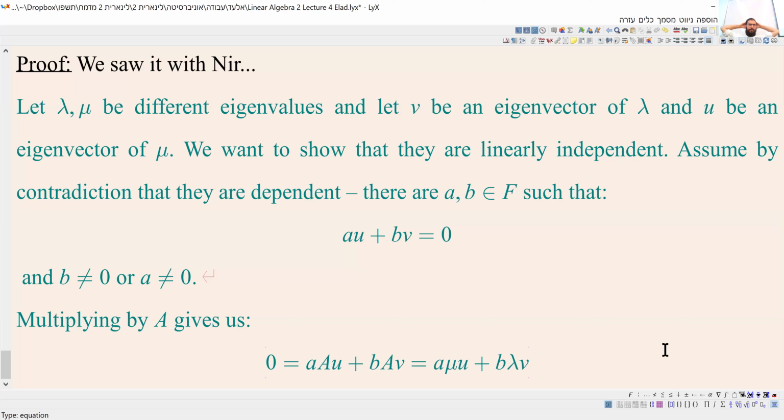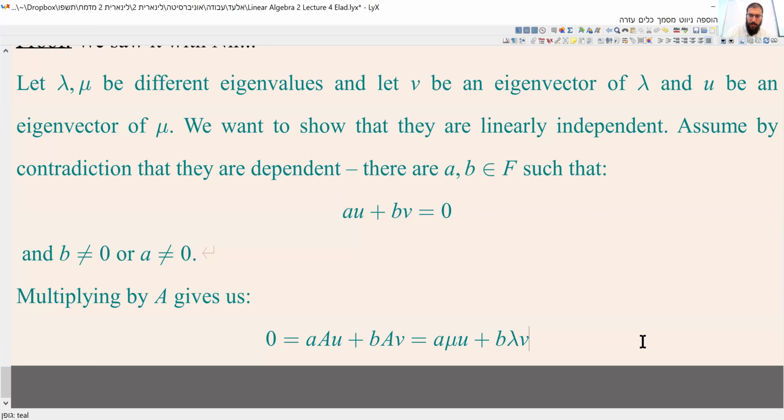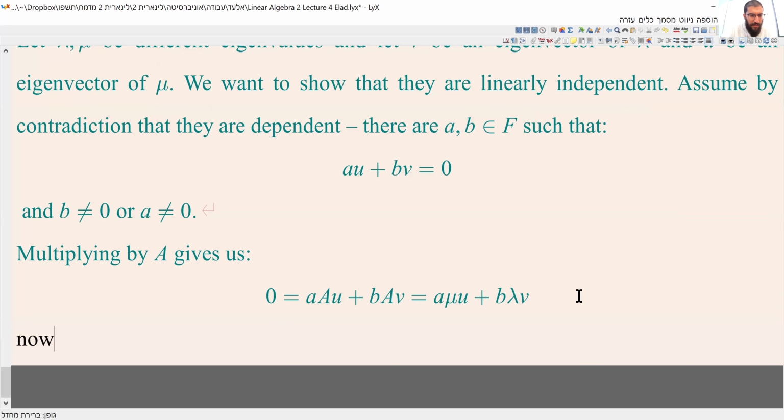For them to be equal, the difference should be zero. Yeah, we can go through that way. Now we know that AU plus BV is 0, right? We know that.